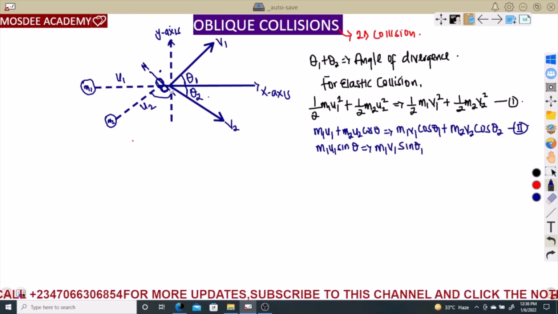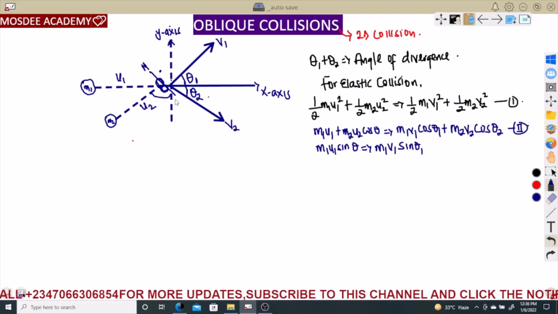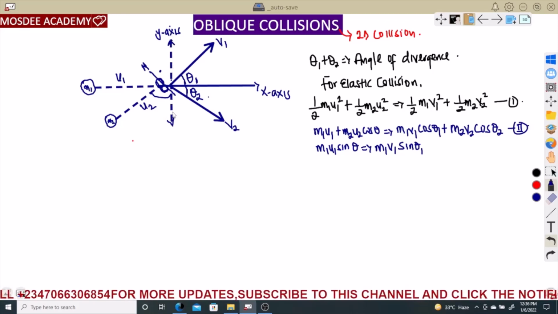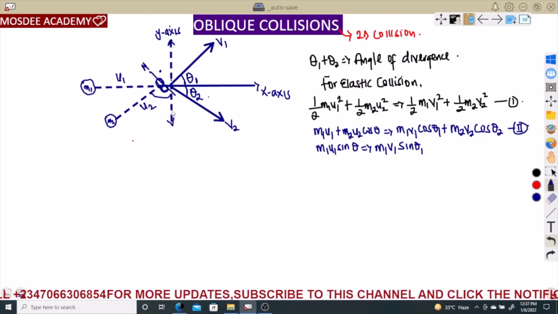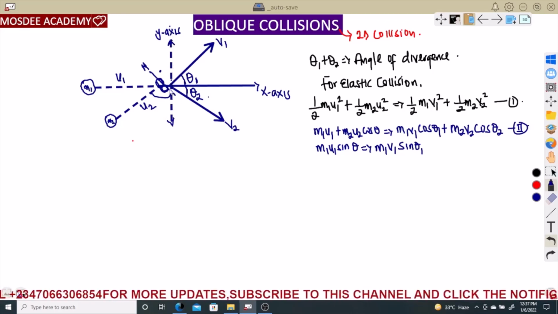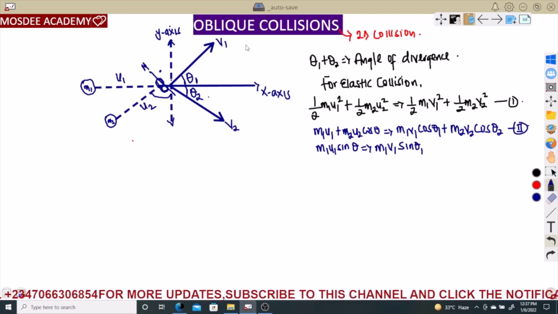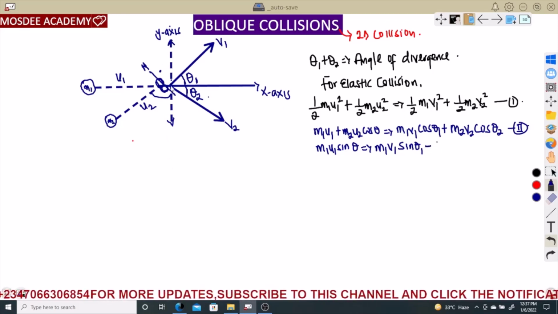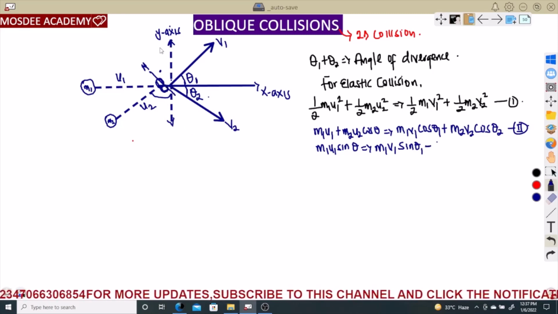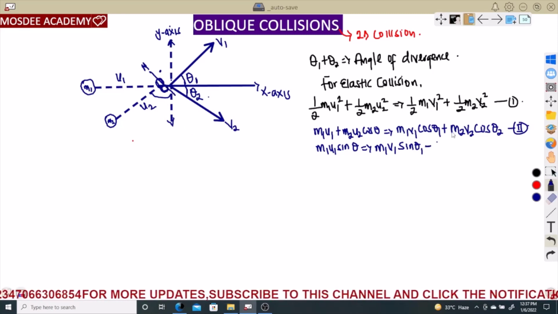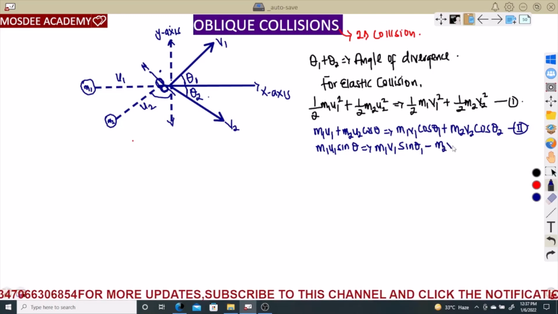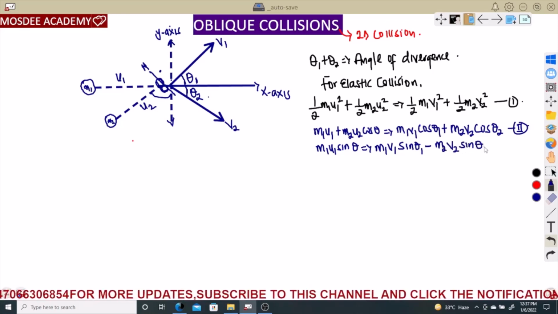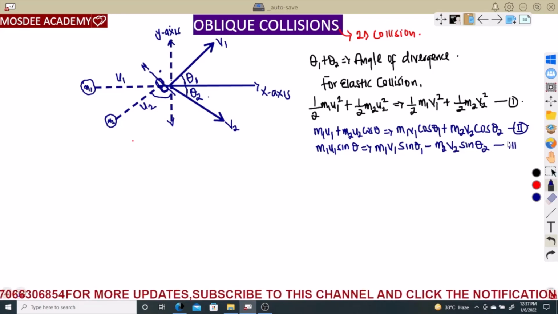Then look at this, guys. Here, this is acting upward, this is acting downward. You know what it means. Upward and downward, we subtract, because it's going up, this one is coming down, so opposite direction. That is why this is going to change to minus, because I'm resolving everything to the vertical. So it will be minus M2 V2 sine theta 2. So it's also another direct formula we can keep in mind.